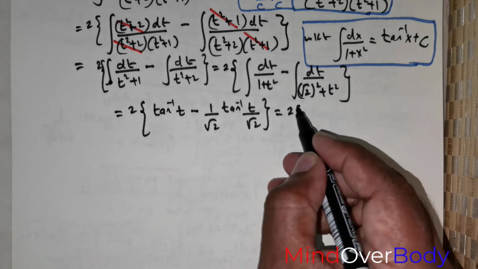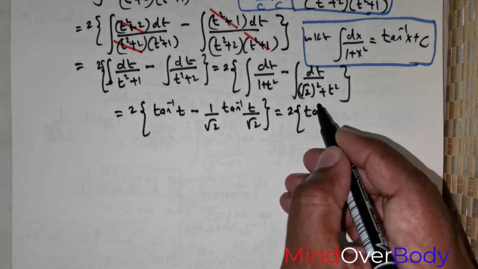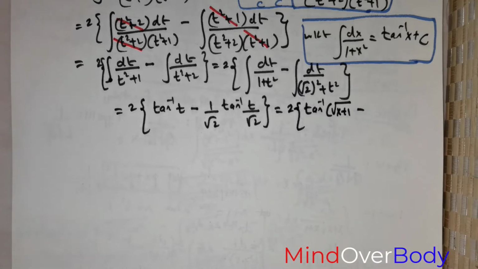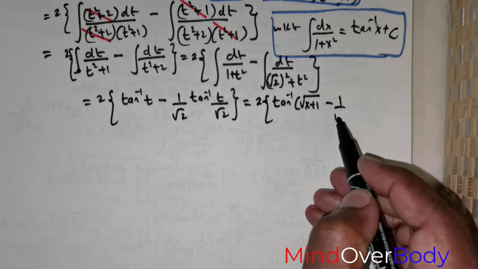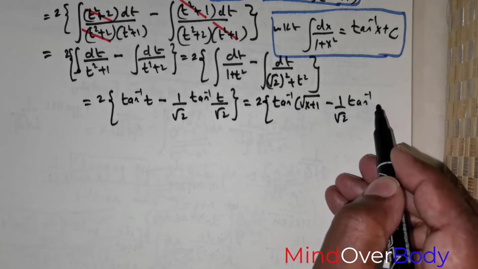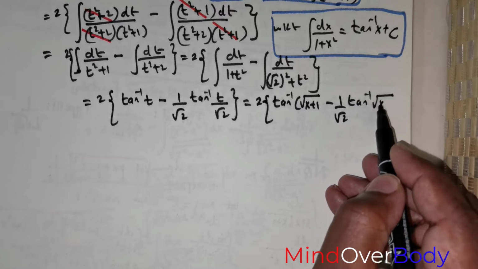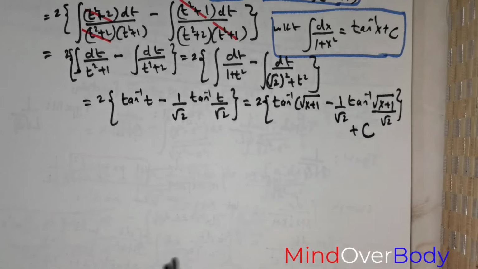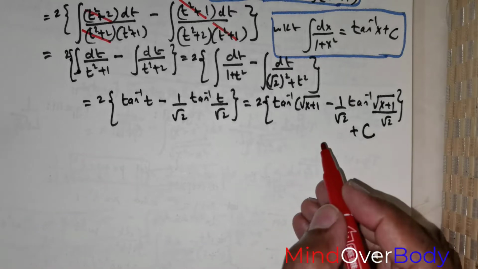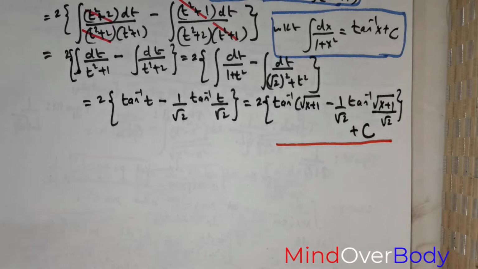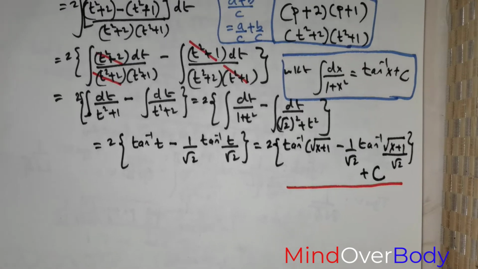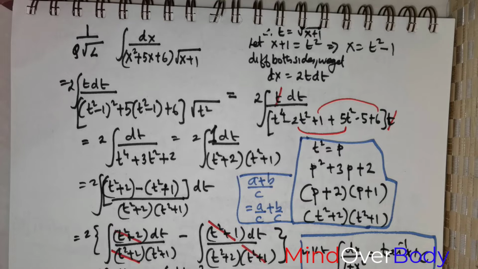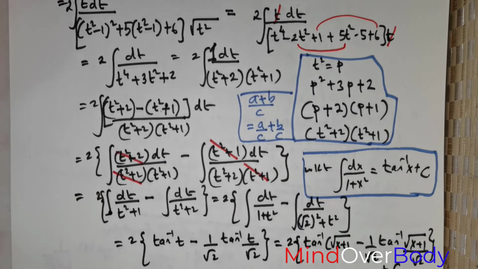So this is going to be 2 times integral tan inverse of root of x positive 1 negative 1 over root 2 tan inverse of root of x positive 1 divided by root 2 positive arbitrary constant c, and this is a good place for us to draw the red line. So this is a beautiful question, and please practice this.